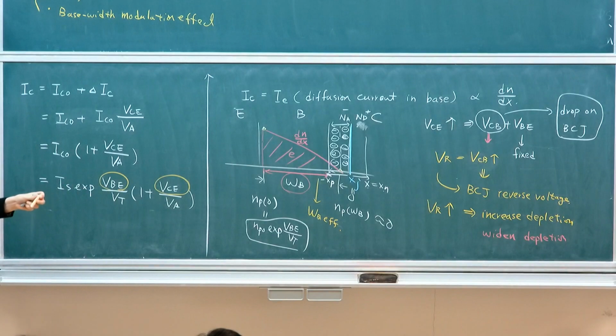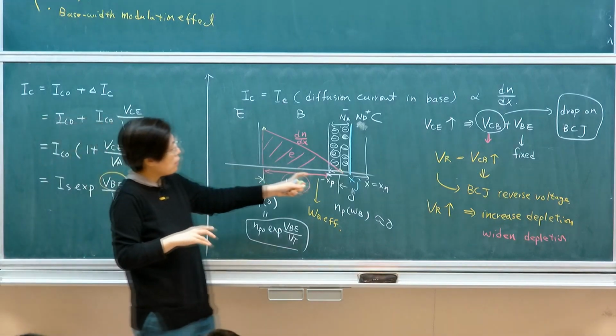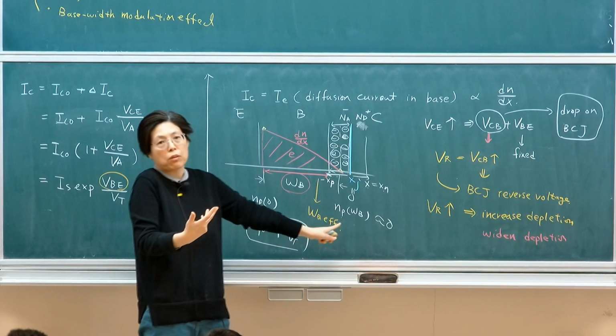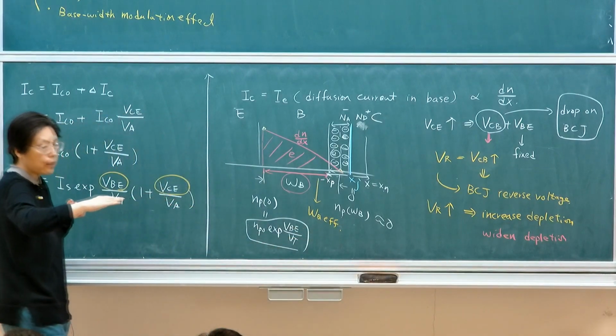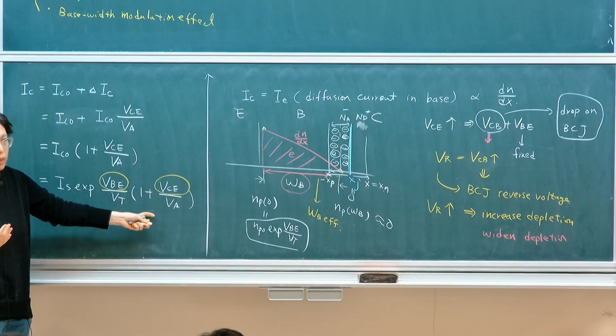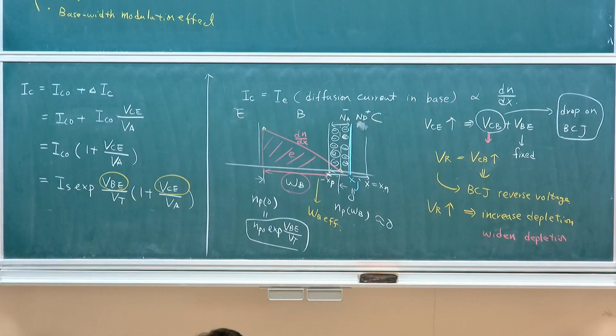So if the growth is very limited, if I have a wide base, I don't actually see too much of a difference. And it still pinches WB close to 0. That is why you see a flat line. Only when the effective distance changes will you see the current creeping up under the early effect.